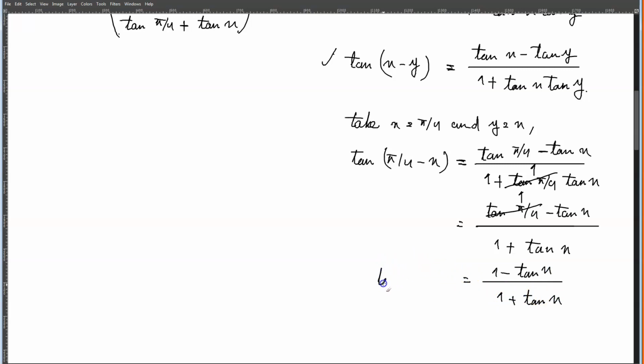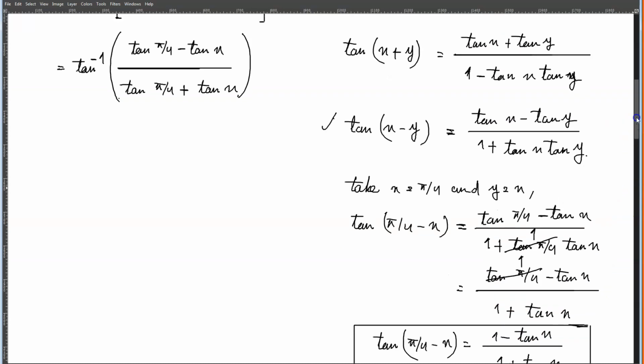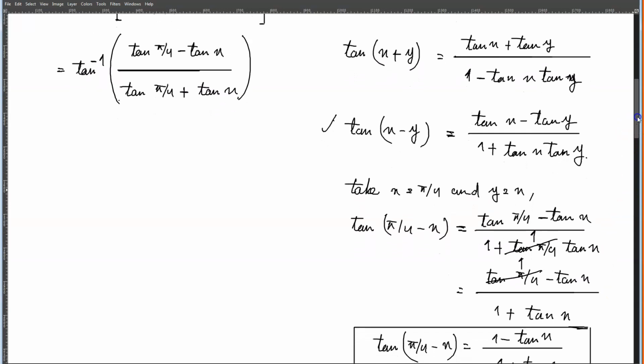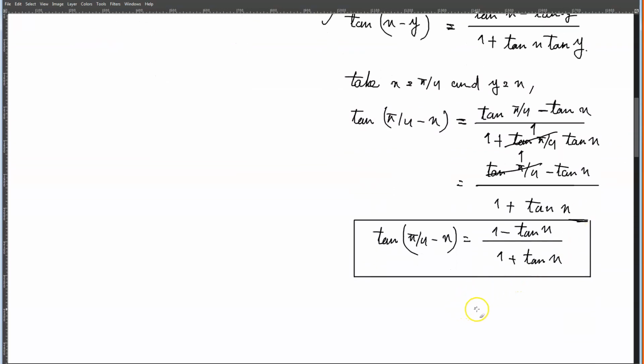That is tan of pi by 4 minus x. Tan of pi by 4 minus x is equal to 1 minus tan x over 1 plus tan x. Or you can say it's also equal to tan of, for example, pi by 4 minus tan x over tan of pi by 4 plus tan x.